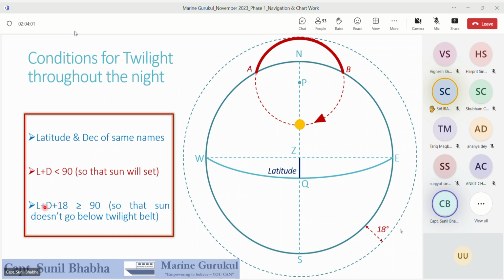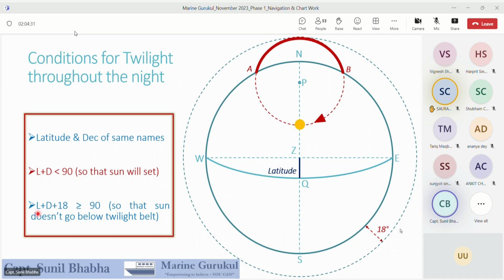The third condition which should be met is latitude plus declination plus 18 should be greater than or equal to 90 degrees. This third condition certifies that the sun doesn't go below the twilight belt.